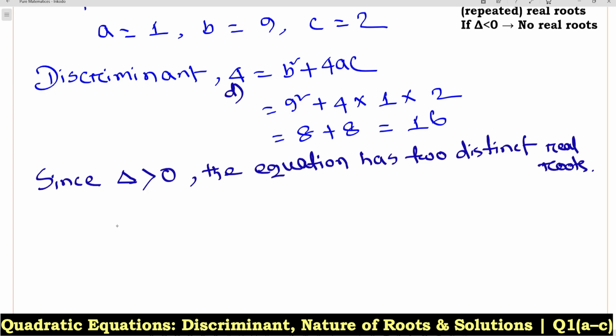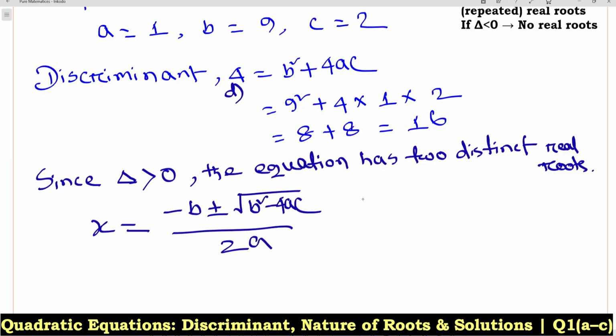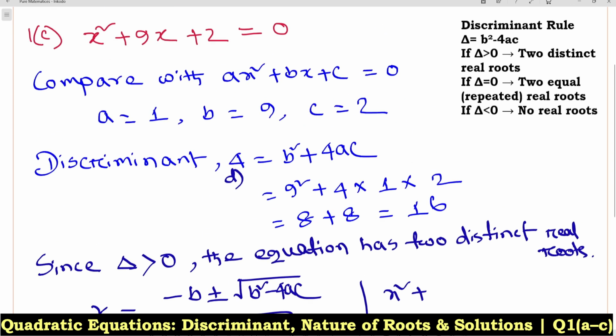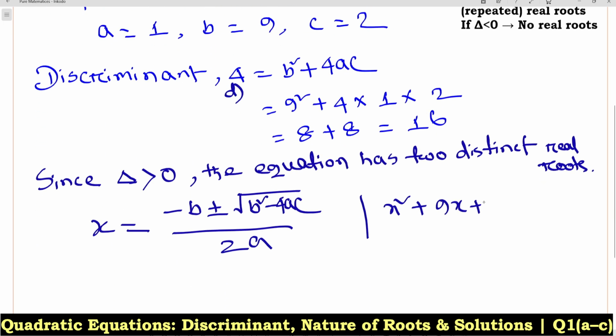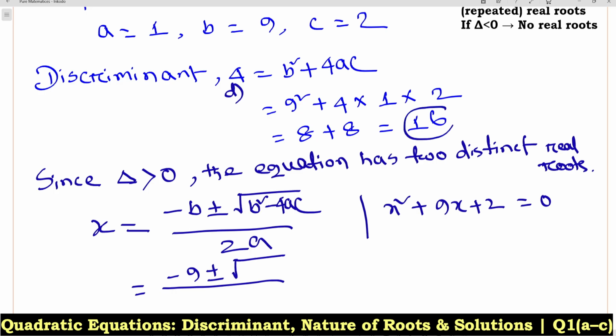So what is that? We know x equals minus b plus minus root over b square minus 4ac divided by 2a. The equation is x square plus 9x plus 2 equals 0. So from here we can write minus b, it means minus 9, plus minus root over b square minus 4ac, we already got the value, which is 16. 2 times a, which is 1. So here is minus 9 plus minus root 16, which is 4, then 2, right?